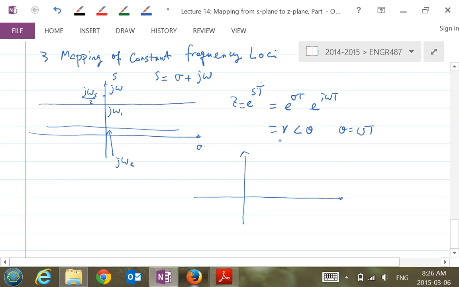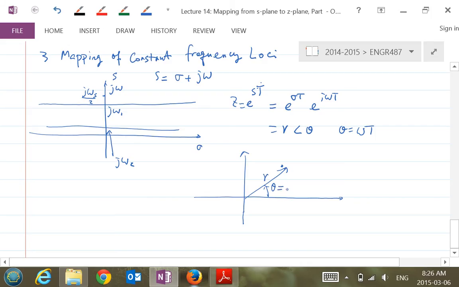A complex number has r and theta. Now r you can change any way you want, but theta doesn't change. So what does that mean? That means it's always a radial line.